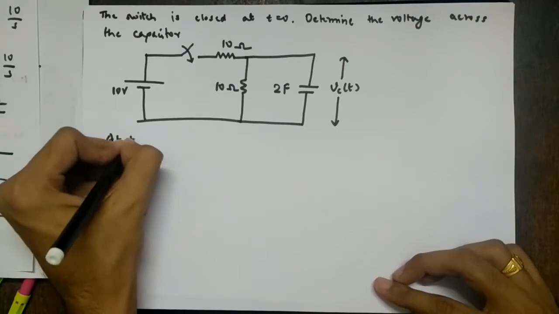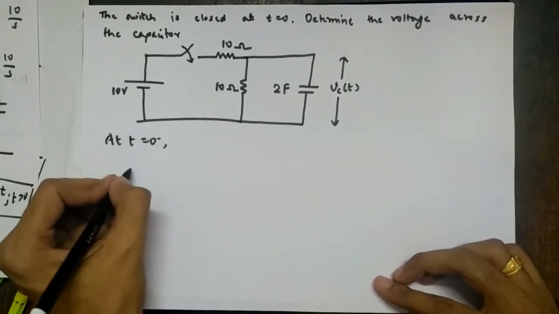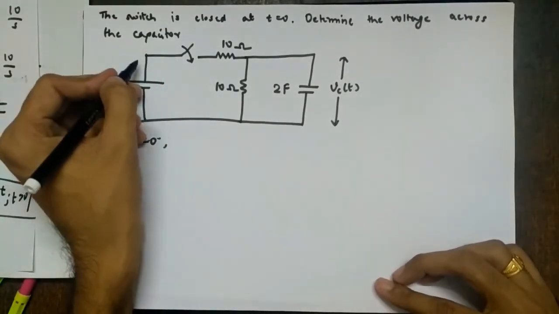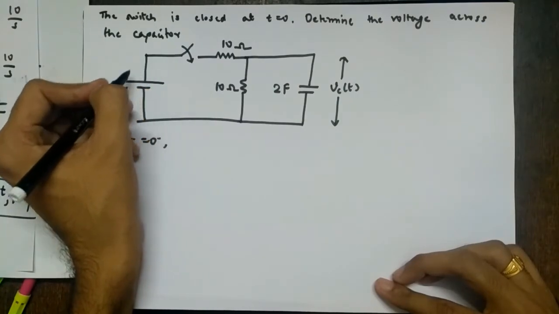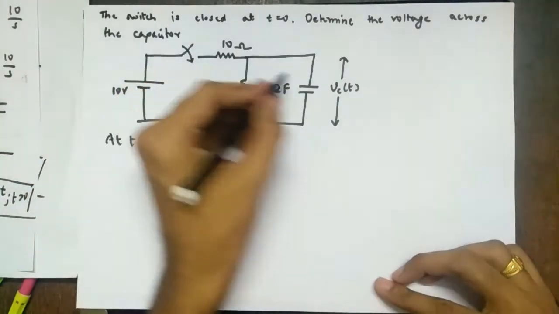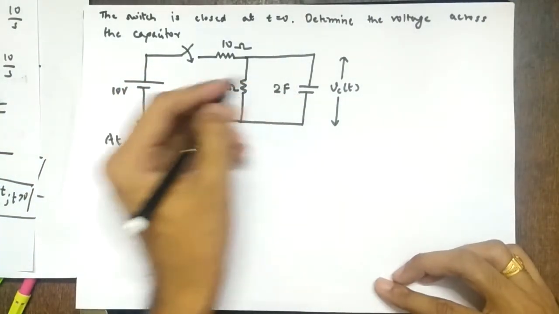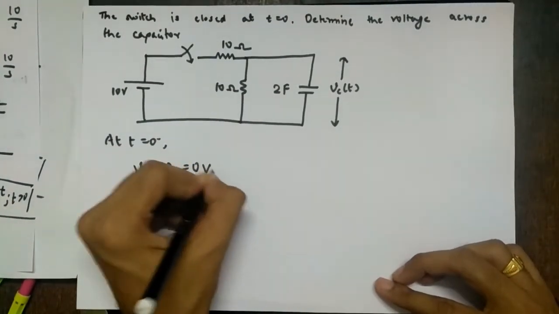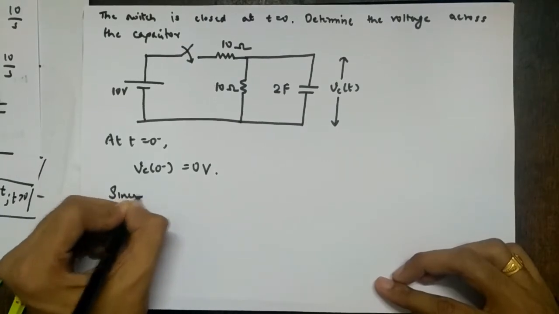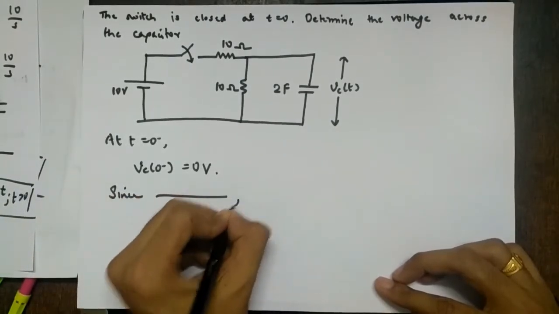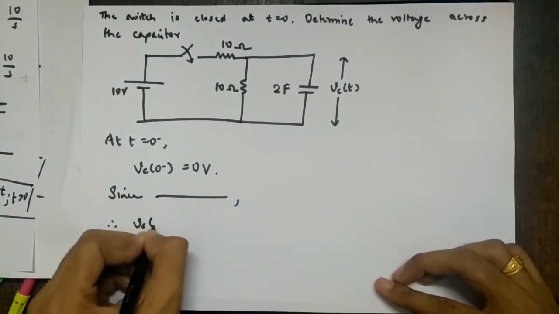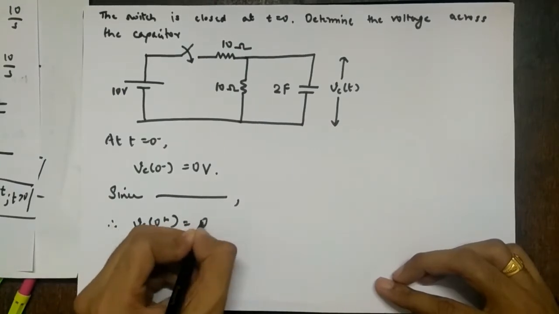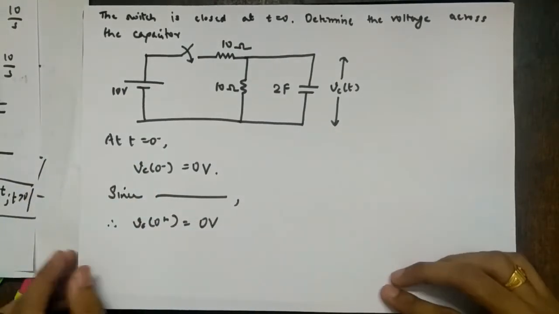So at t equal to 0 minus, it is open. So what will happen? It is open, so nothing is happening to the inductor, right? So I can say Vc of 0 minus is 0 volts. Then you will say since voltage across capacitor does not change instantaneously, therefore Vc of 0 plus equal to 0 volts, because both will be equal, right?